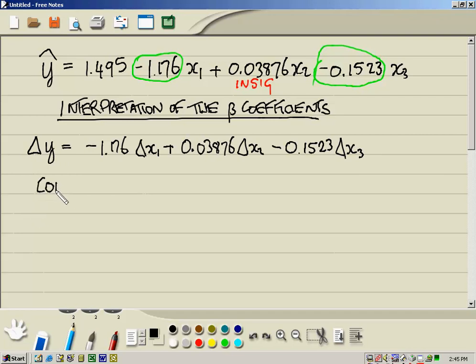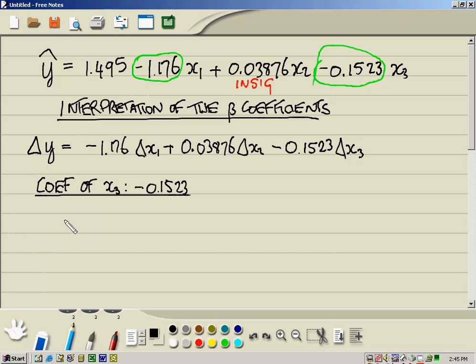Alright, so we're first, as I said before, we're going to look at the coefficient of x3, the value being negative 0.1523. In other words, we want a sentence that explains what the negative 0.1523 means from that regression.